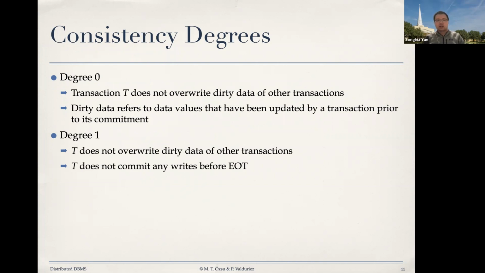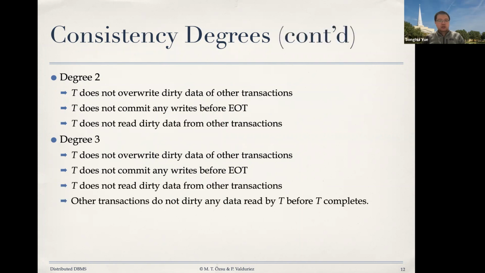However, dirty data is some intermediate data caused by other transactions. Dirty data refers to a data value that has been updated by a transaction prior to its commitment. For degree 1, T does not overwrite dirty data of other transactions, and T does not commit any writes before the end of transaction.